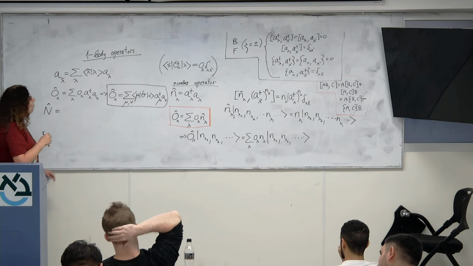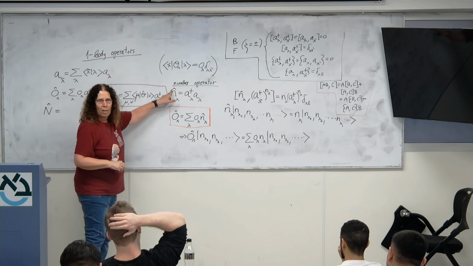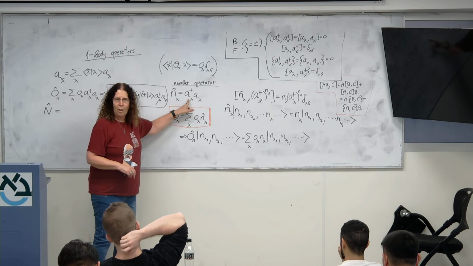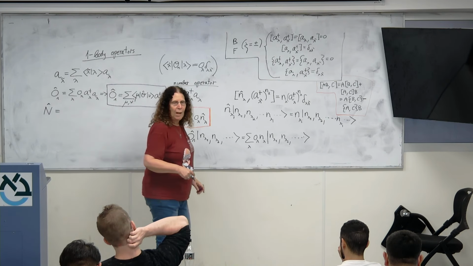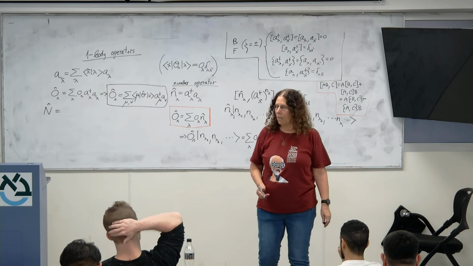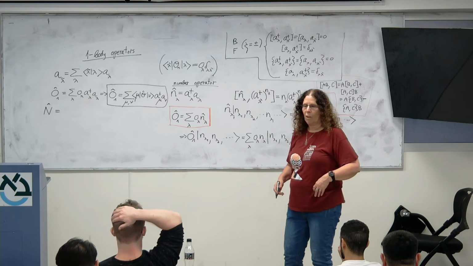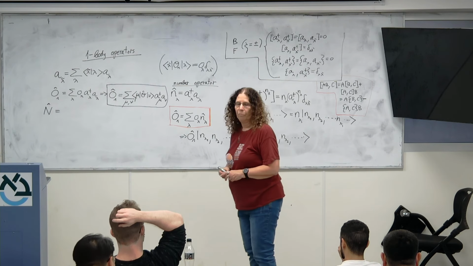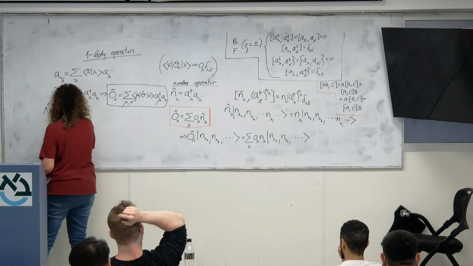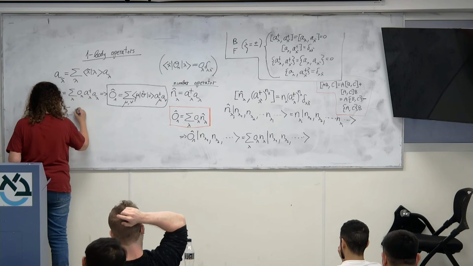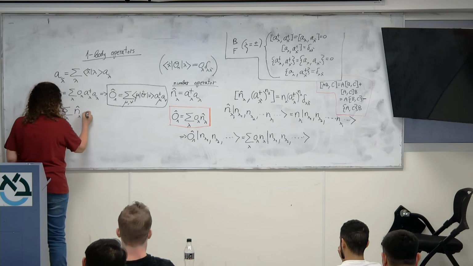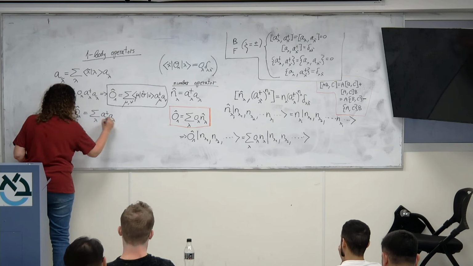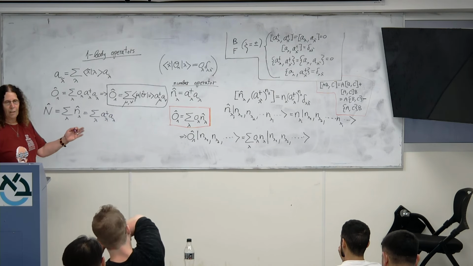So n lambda hat is an operator of particles at state lambda. But if lambda is a complete basis of single-particle states, what will be the expression for the overall number operator of the particles? Summation over all states. Exactly. So this will be just the sum over lambda of n lambda, which is the sum over lambda of a lambda dagger a lambda. This is the total number operator.